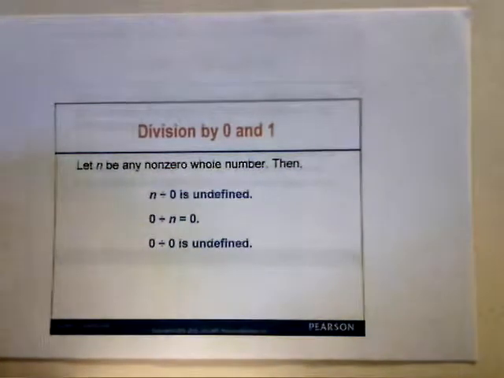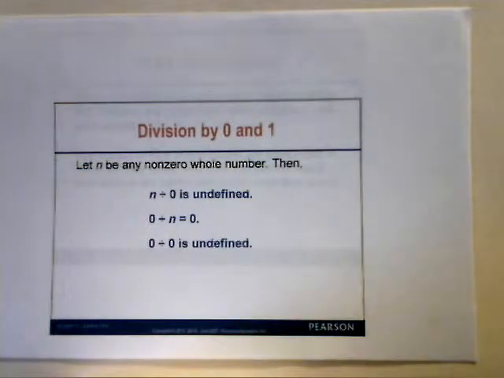Okay, let's talk about division by 0 and by 1. We're going to let n be any non-zero whole number. Then n divided by 0 is undefined. Any non-zero number divided by 0 is undefined. 0 divided by any non-zero number, of course, is 0. 0 divided by itself is also undefined.